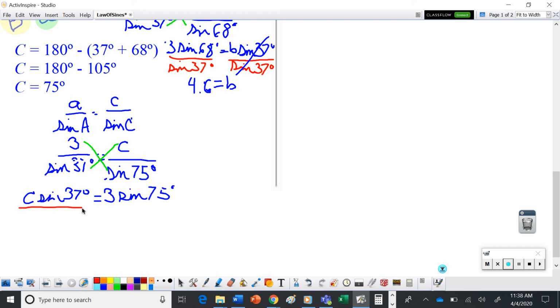So we're going to divide both sides by the sine of 37 degrees. Over here, those sines are going to cancel, and I'll get C all by itself.